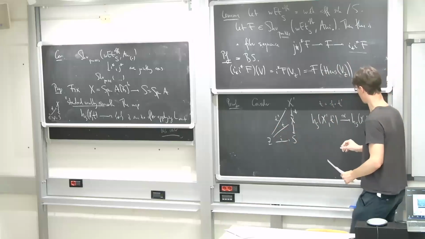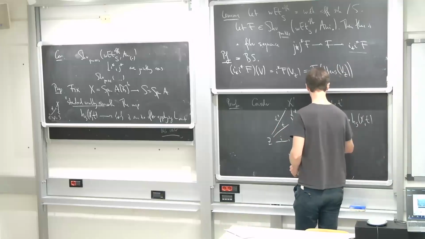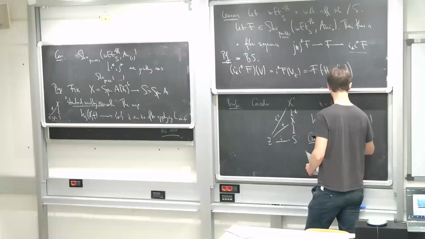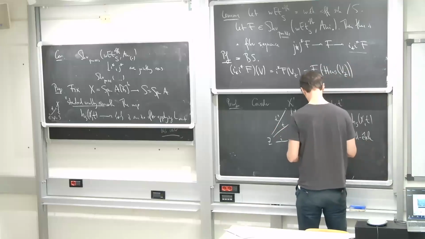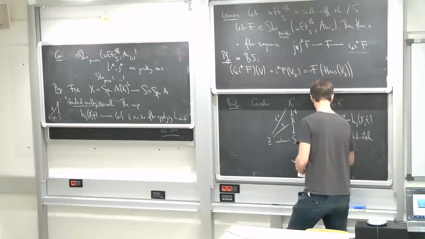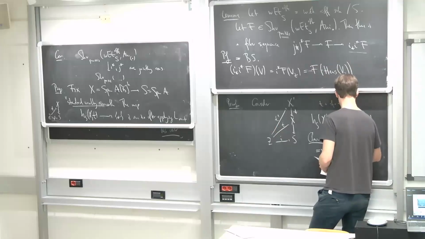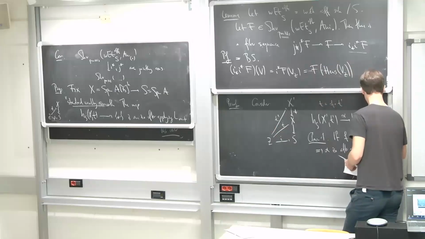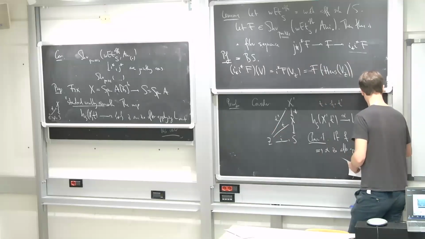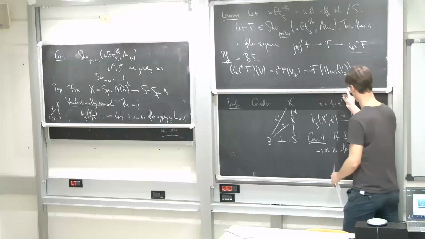So we have this, and now we will make two claims. Claim one: if this F is ind-étale, then alpha is an isomorphism after applying this Grothendieck-Nisnevich sheafification. Okay, claim number one.